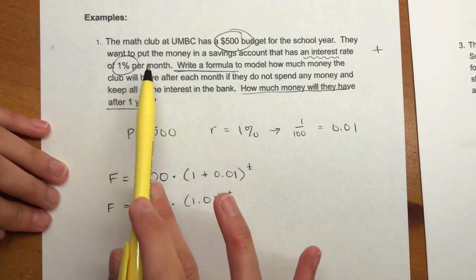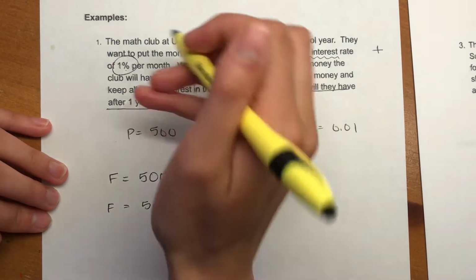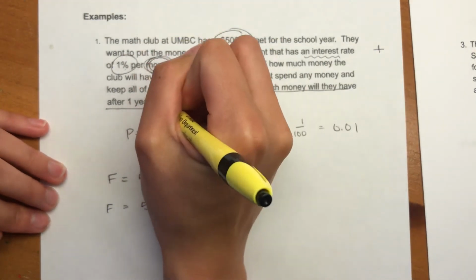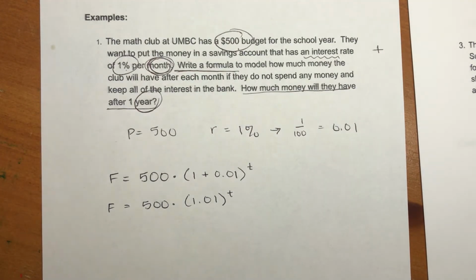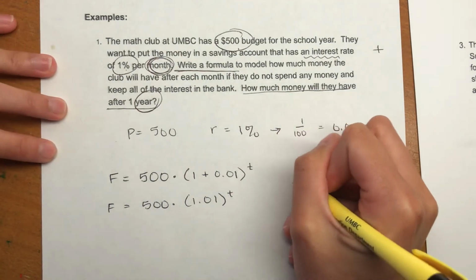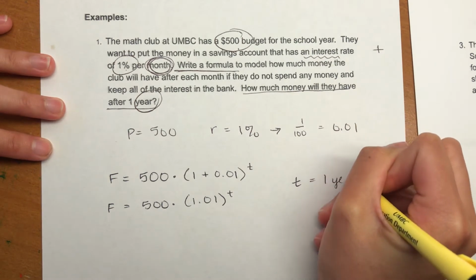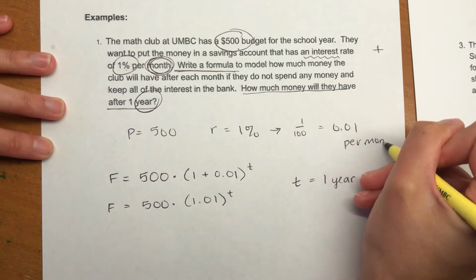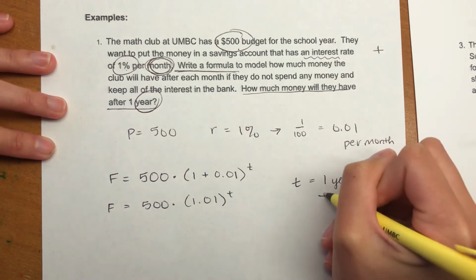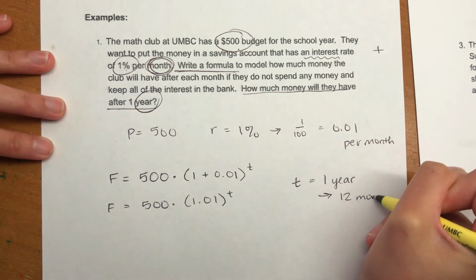But what's interesting is the rate is 1% per month. So since we have months here and years here, we need to have a common unit for time. So the time is 1 year, but since the interest rate is per month, I'm going to rewrite 1 year as 12 months.